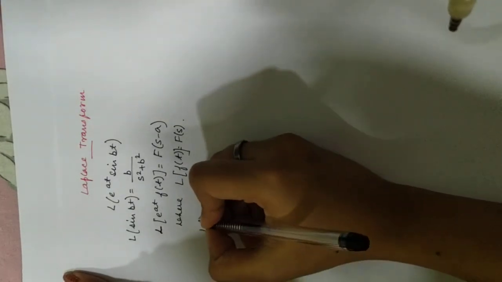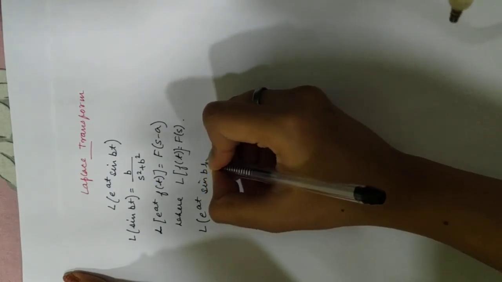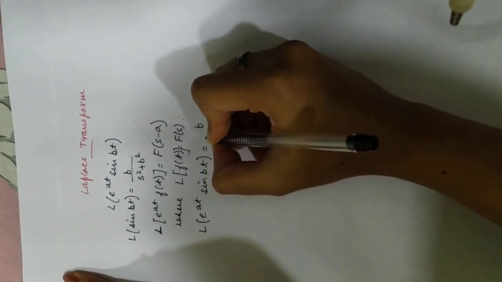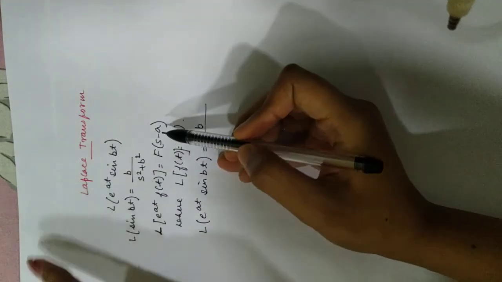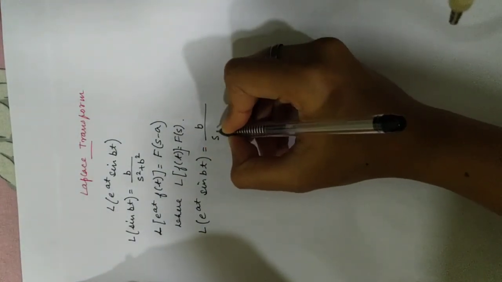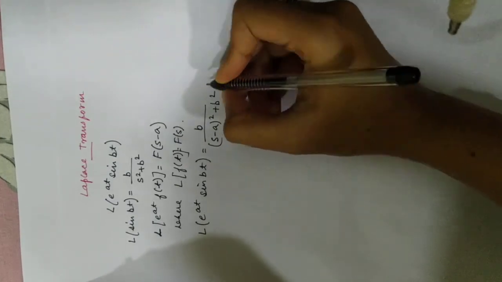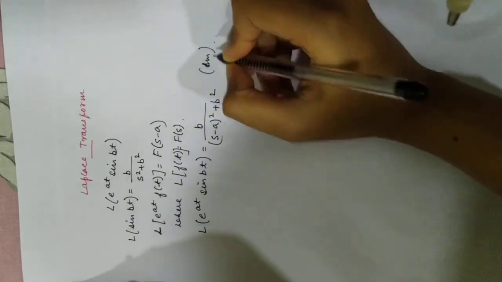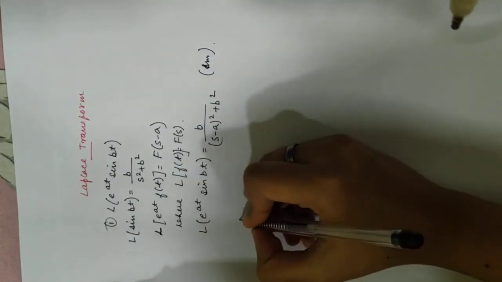We had already derived the shifting theorem, so just applying it over here, it gets solved in one line. The Laplace transform of e to the power at sine bt is equal to b divided by, in place of s, now it gets replaced by s minus a. So it's very simple: b divided by s minus a square plus b square. So this is your answer, right? This was your first problem.